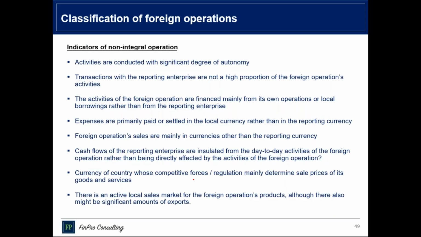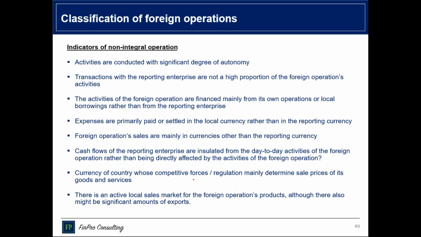There are various indicators for classifying a foreign operation as integral or non-integral. We will just discuss a few of those criteria.